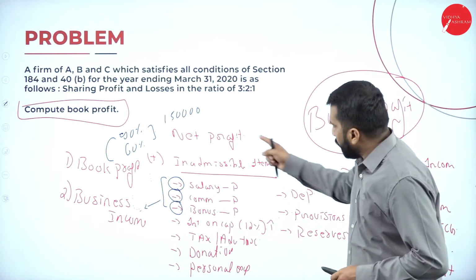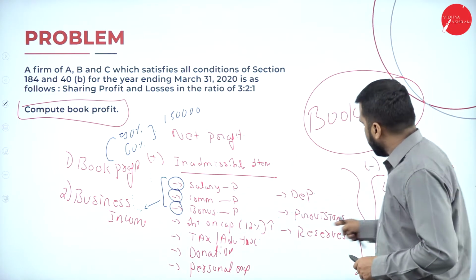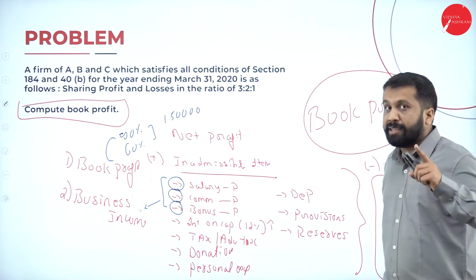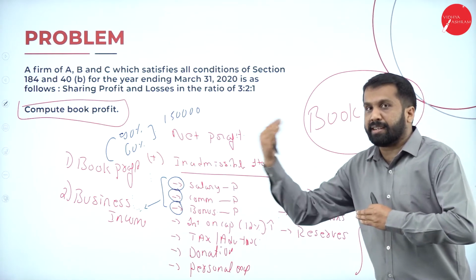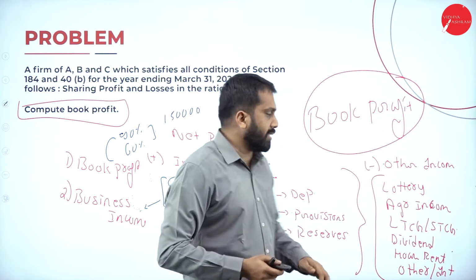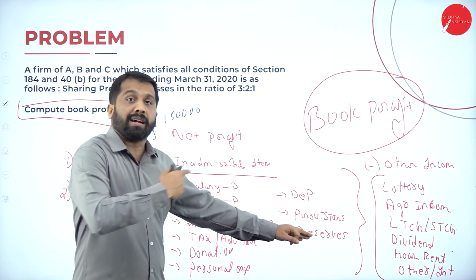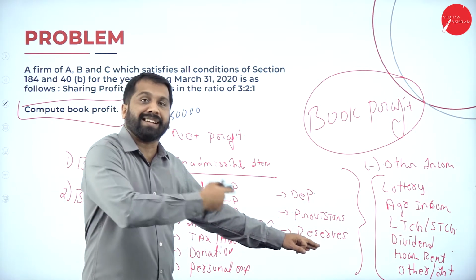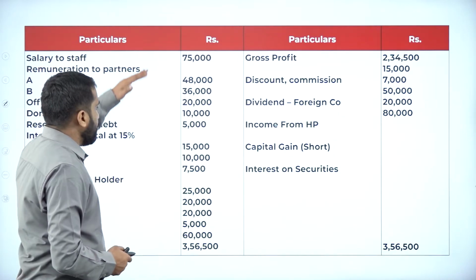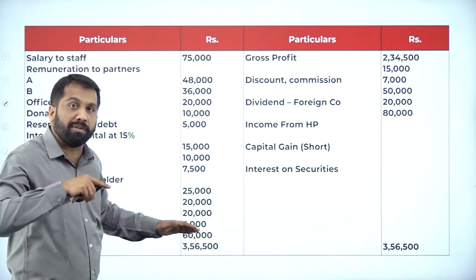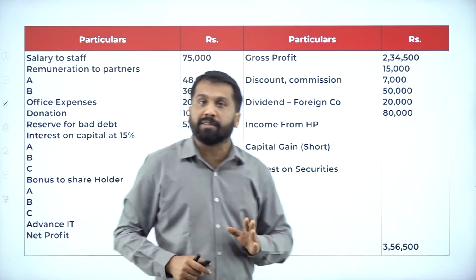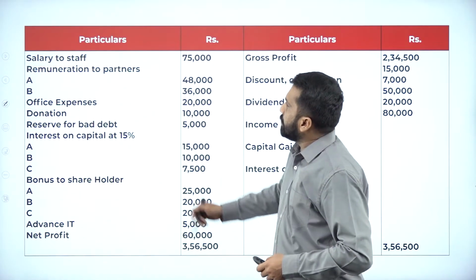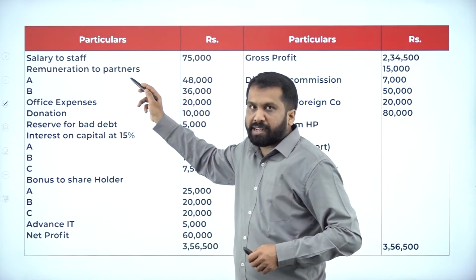Remember, whatever points I told you to add, whatever points I told you to minus, where do you get all these additions? Left side, debit side. Where do you get all the deletions or minus? Right side, or else we call it the credit side. See, these are the things you are supposed to add. These are the things you are supposed to minus. Which are those? Salary to staff, supposed to be taken?